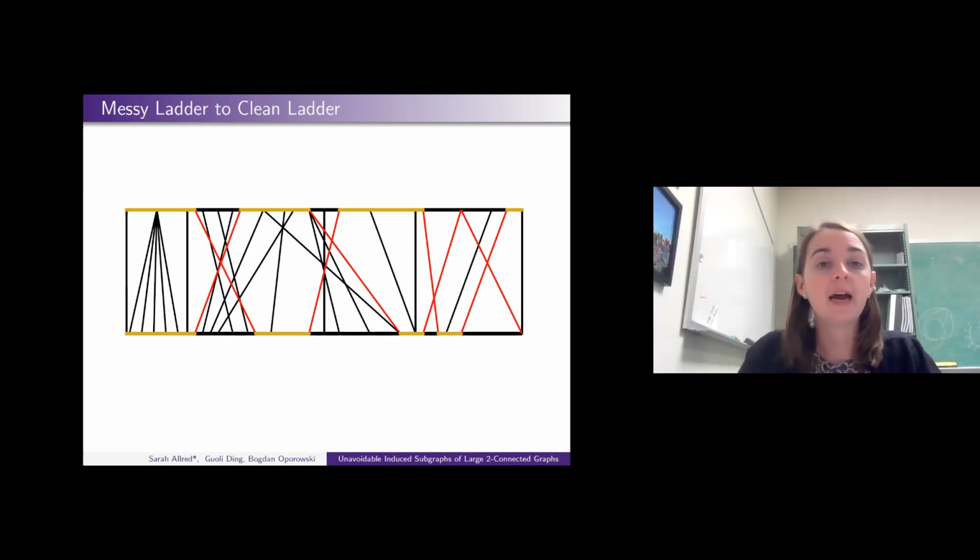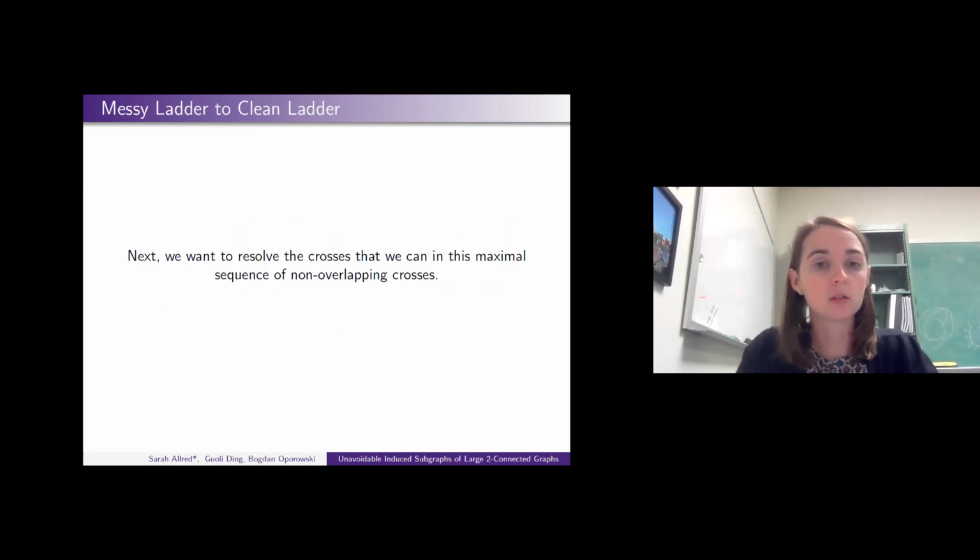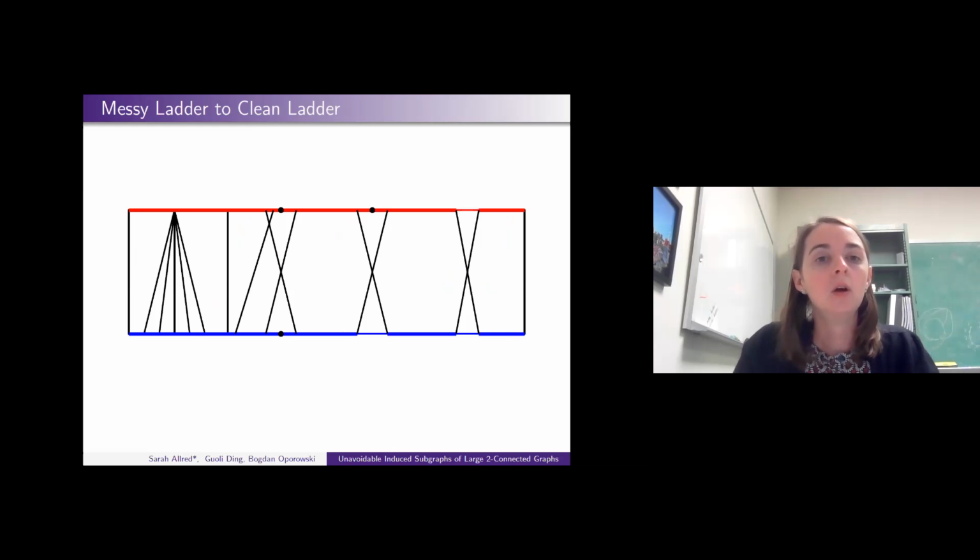The assumptions that we have at this point are that we have a maximal sequence of crosses that don't overlap edges and are not contained inside some other cross. The next thing we want to do is figure out how to resolve the crosses that we can in this sequence. So here we've moved to more of a schematic type graph.